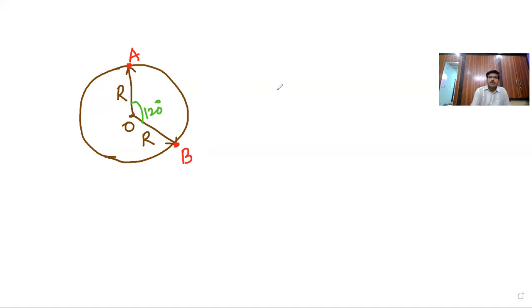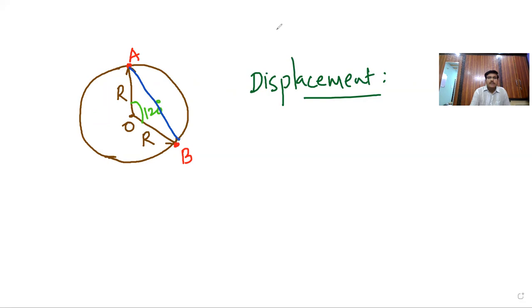Now, what is the meaning of displacement? He is asking the displacement. Displacement is nothing but, in this case, the shortest distance between the initial and final points. Initial point is A, final point is B. If I join A and B, this is the shortest straight line distance.